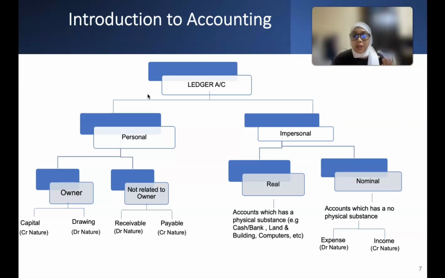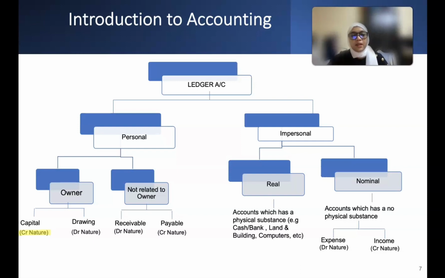So what are the types of accounts related to the owner? Capital and drawing. What is capital? Capital is something that the owner has introduced to the business. Capital always has a credit nature.